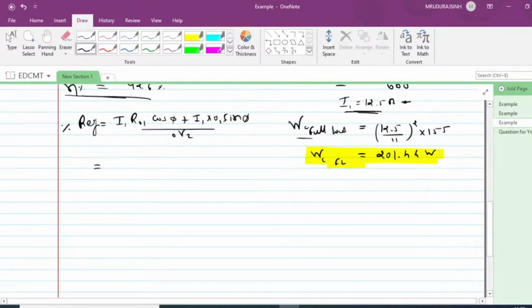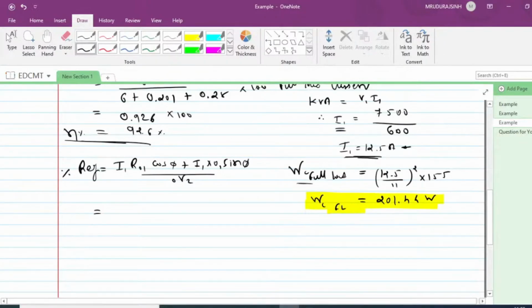So for that we need to calculate everything referred to the secondary side. So it's not R01, this will become R02 and this will become X02. So this is a lot different than the previous one, right? Why have we taken this?